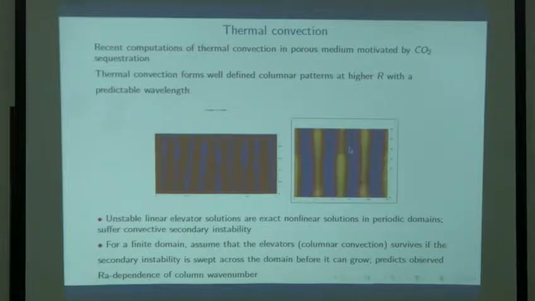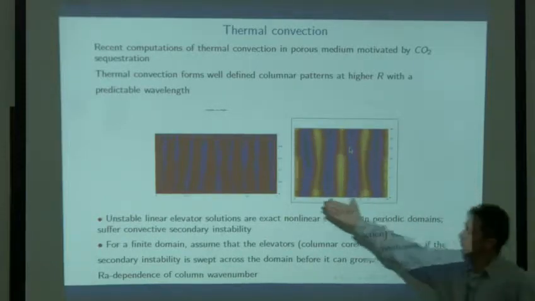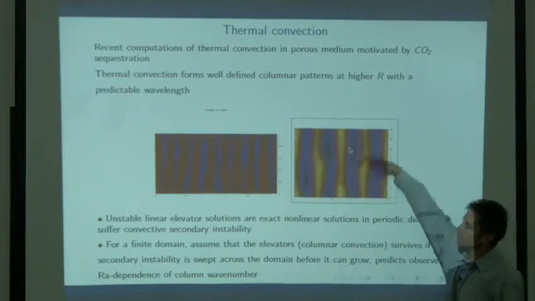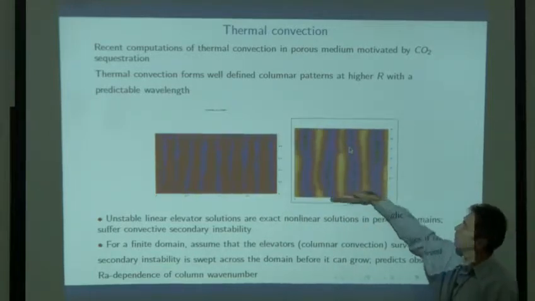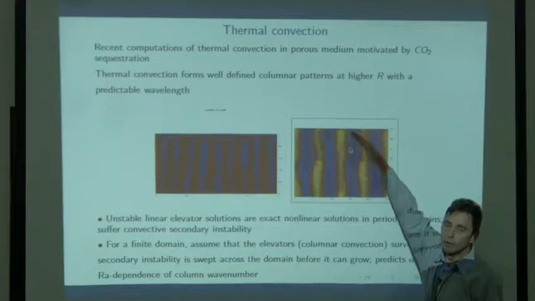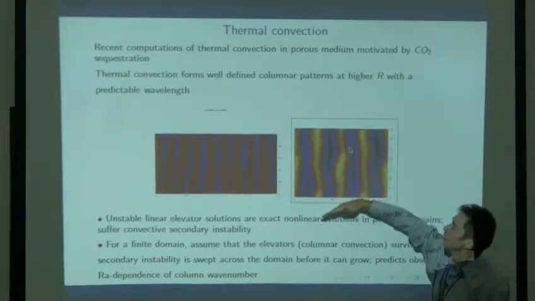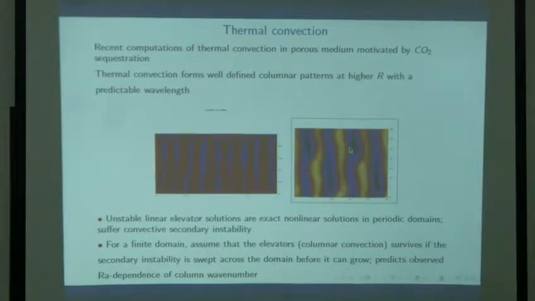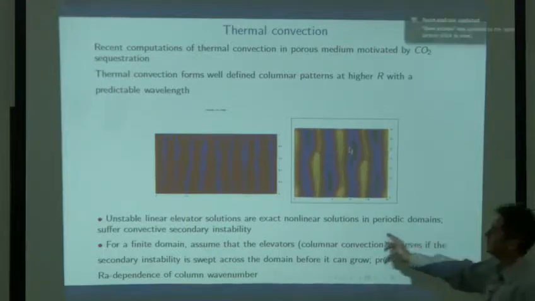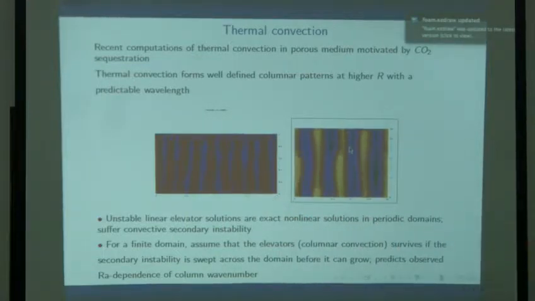Okay, so the argument that Duncan made was that if you have a finite domain, as in this case, this is some sort of a convective instability. So if the time scale for growth is less than the time it takes for the secondary instability to be swept across the domain, then you will see a persistent columnar state of that form.